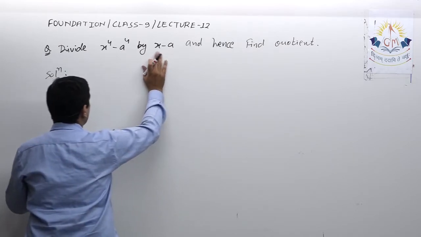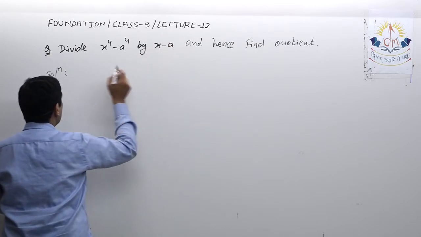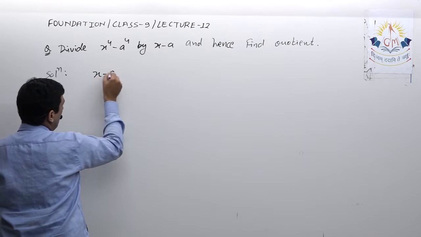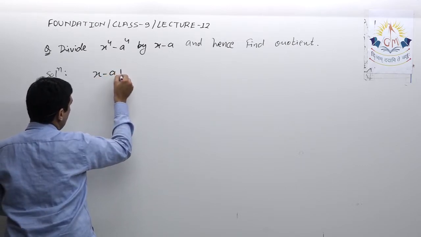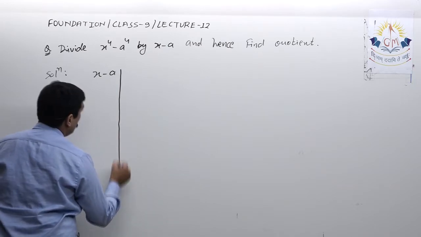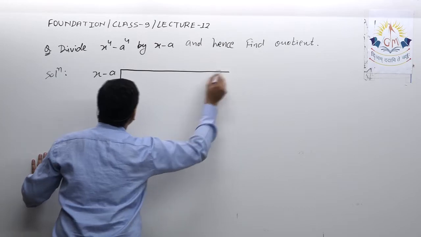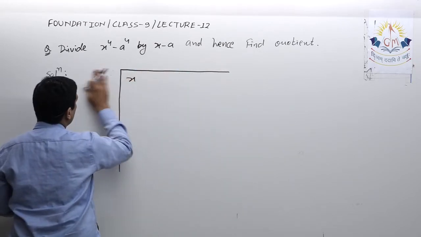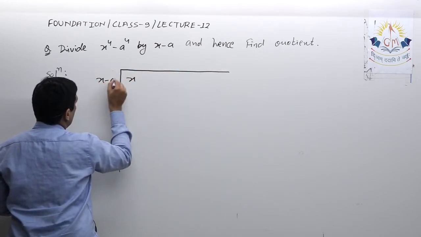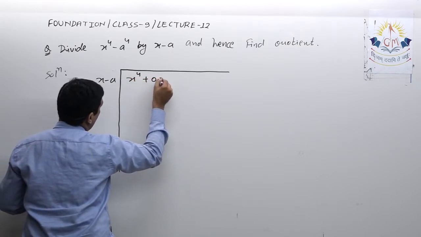The divisor is a linear polynomial, x minus a. Now I have to divide the dividend, x raised to 4 plus 0x cube.